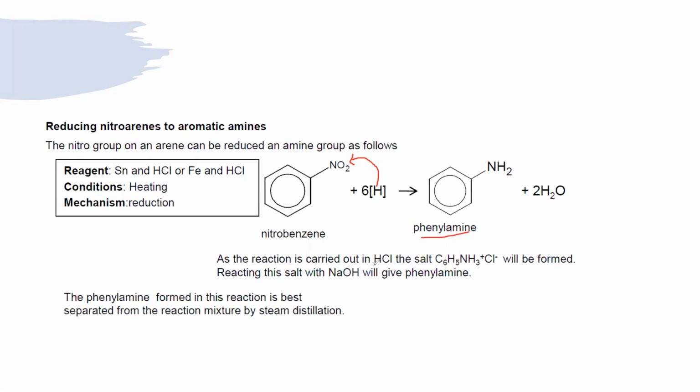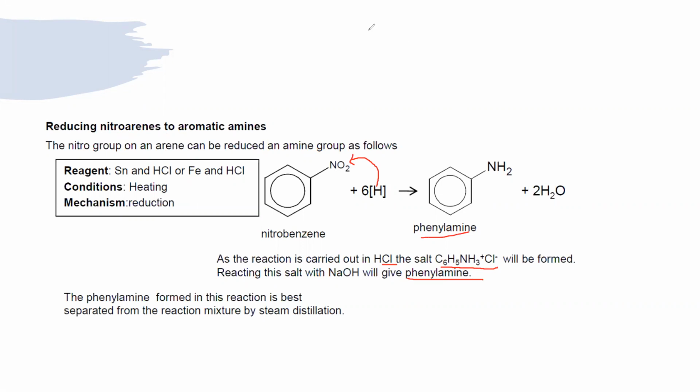As the reaction is carried out in HCl, the salt C6H5NH3Cl is formed. And reacting this salt with sodium hydroxide will give phenylamine. So phenylamine is not formed directly.